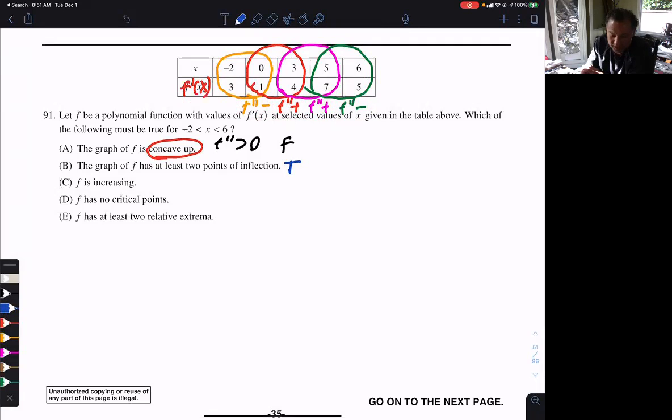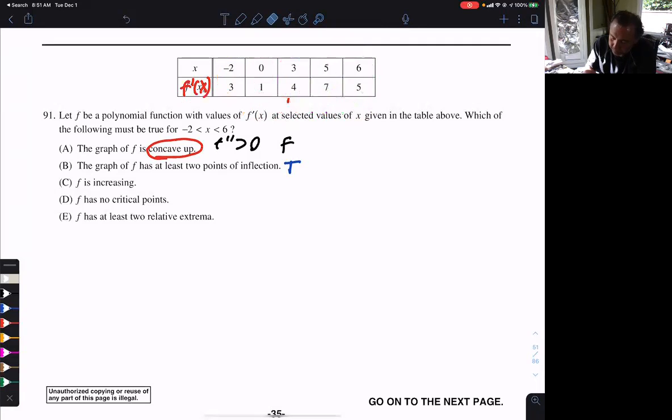Let's keep going though. Let's check all these out because we're going to learn something by looking at all of these. Now, here's where a lot of people get tripped up. They look, oh, f is increasing. What's the justification for f increasing? That means the derivative must be positive. And then they look and say, oh, positive, positive, positive, positive. Derivative's always positive. True, true.